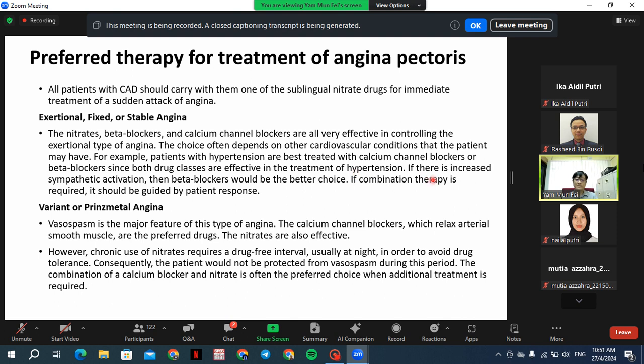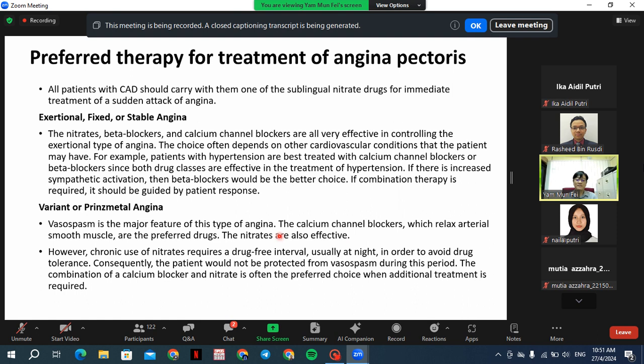If the patient has increased sympathetic activity, then you need to select a beta blocker instead of a calcium channel blocker, because beta blockers are able to overcome this condition. If the patient has variant angina, then you can select a calcium channel blocker and also nitrate.